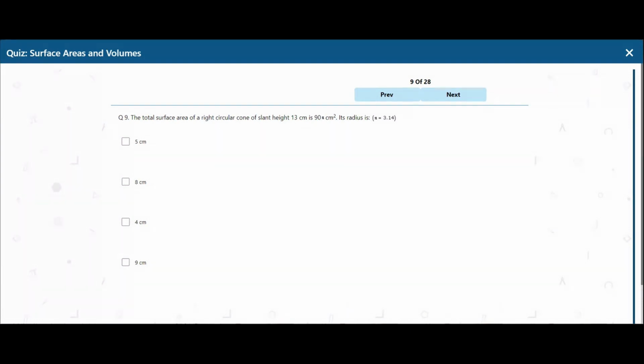PSA of cone, what is the formula? Pi r bracket l plus r. Correct. So pi you have to take 3.14. Don't take 22 by 7. It is 90 pi.